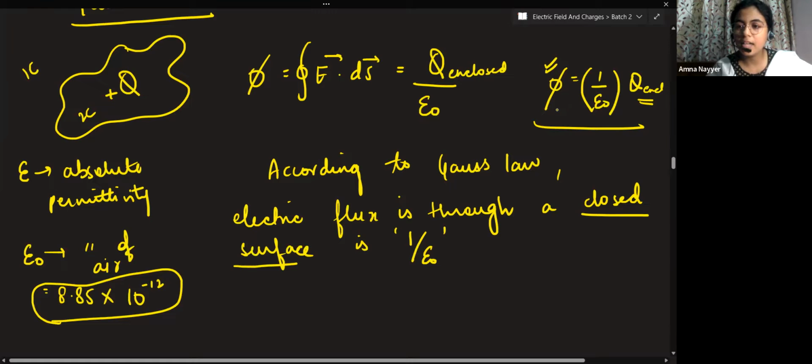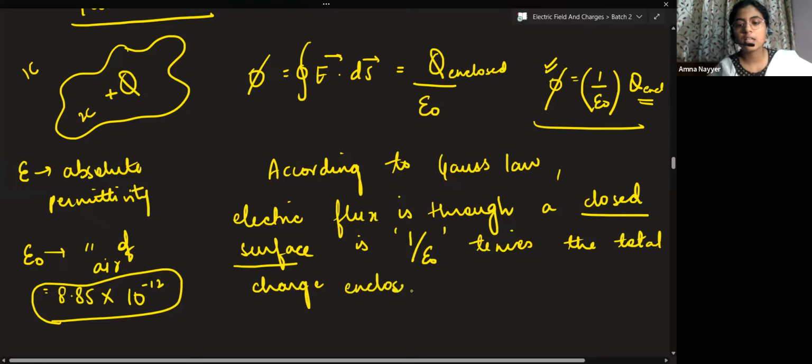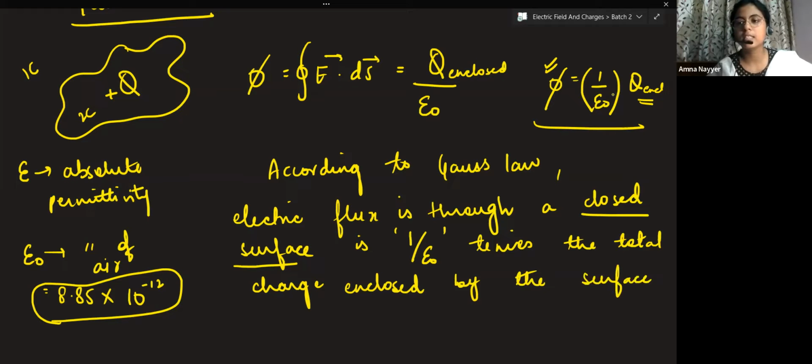So electric flux is 1 by epsilon naught times the total charge enclosed by the surface.